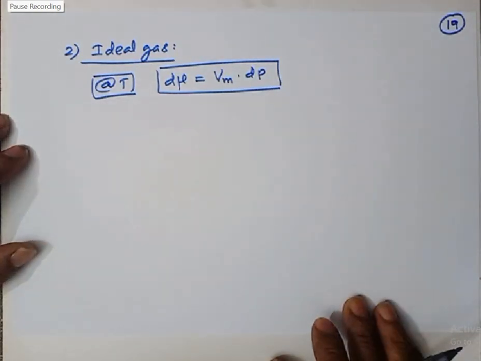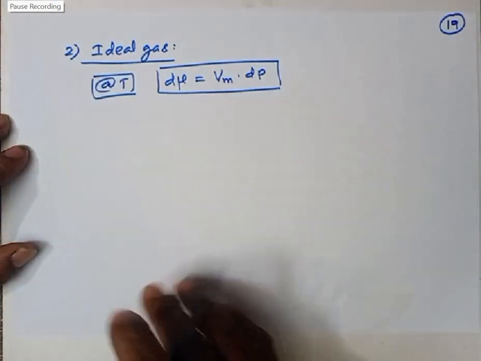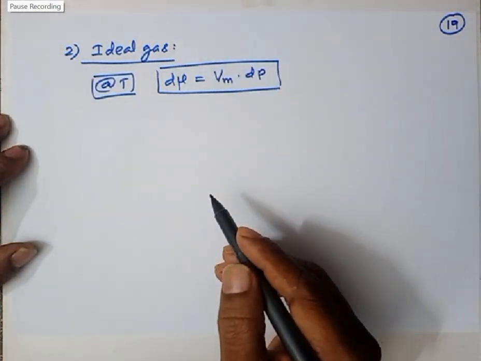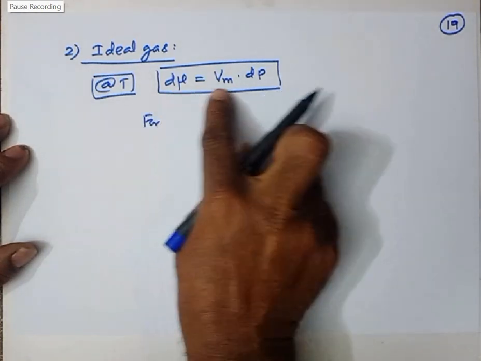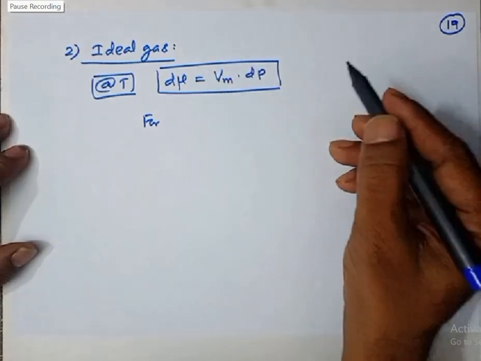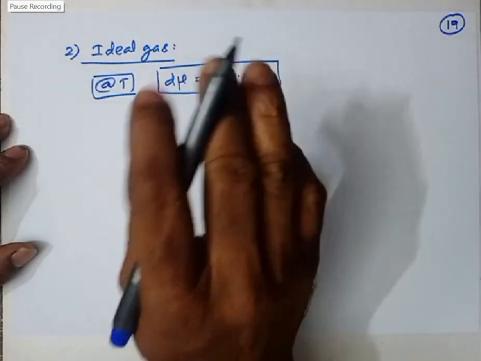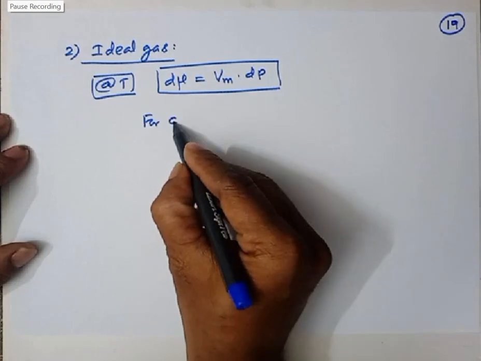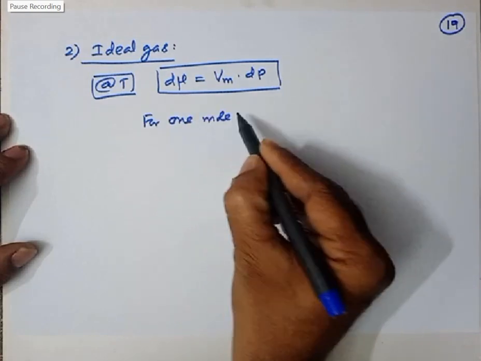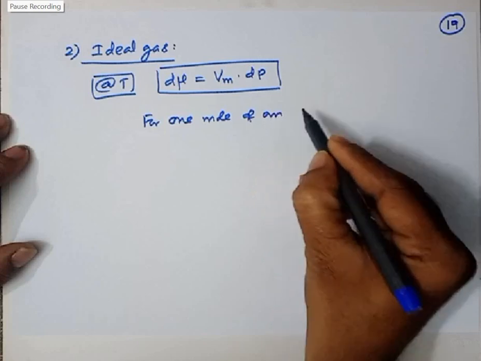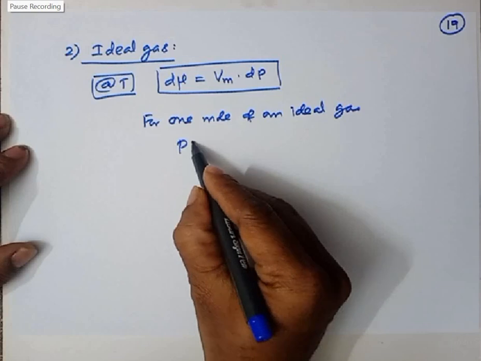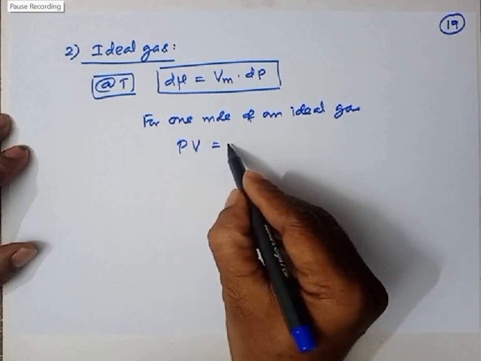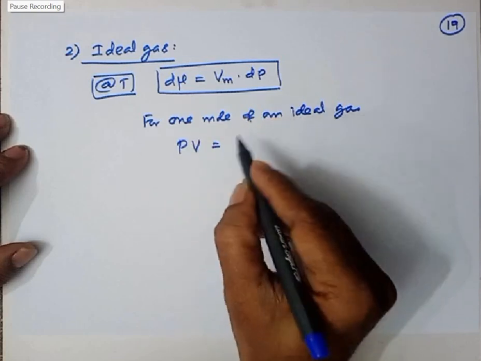Okay, now what I am going to do, we have taken ideal gas here. For ideal gas, we can write for 1 mole, because this equation is applicable only for 1 mole, I have told you already. So for 1 mole of an ideal gas, PV equals nRT. n is number of moles, we have taken 1 mole, so RT.